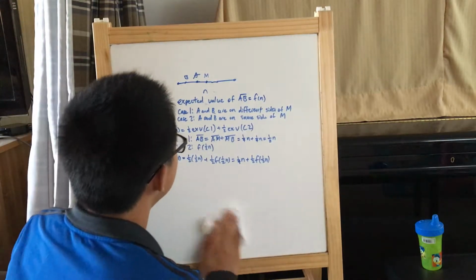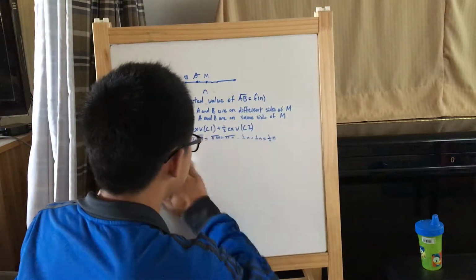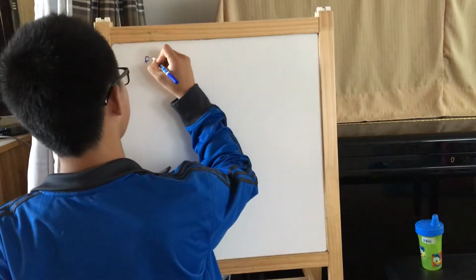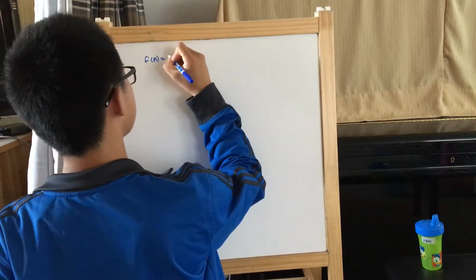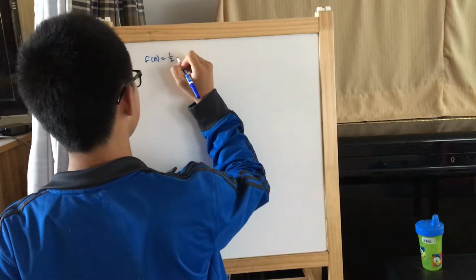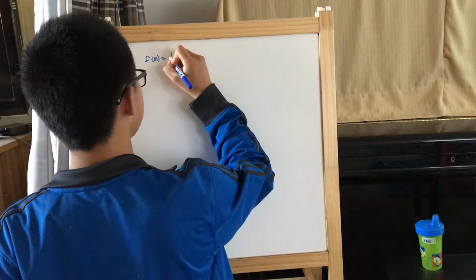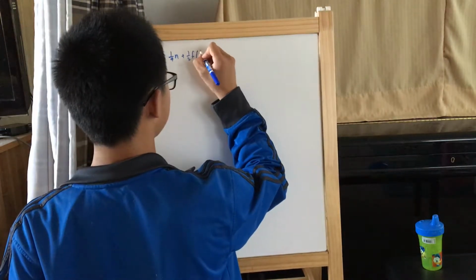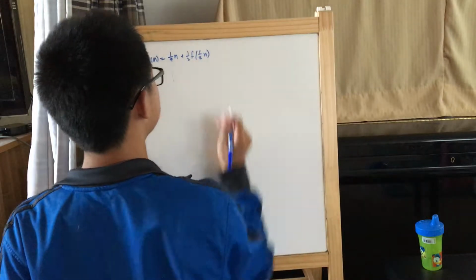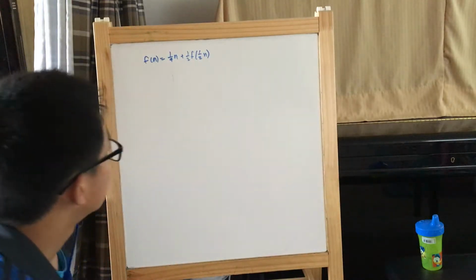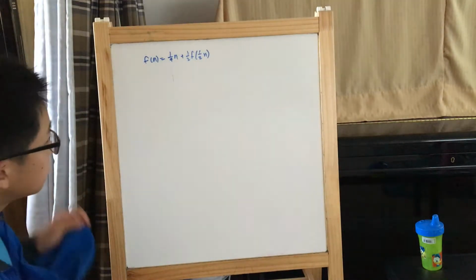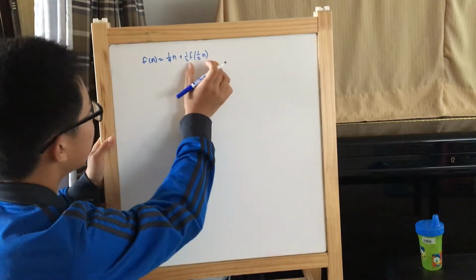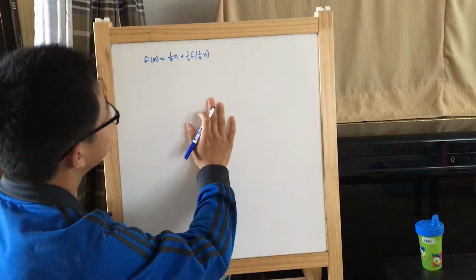So let me rewrite that. F of n equals, sorry, 1/4 n plus half f of 1/2 n. So now, from here, we should probably try to find an expression for f of 1/2 n.